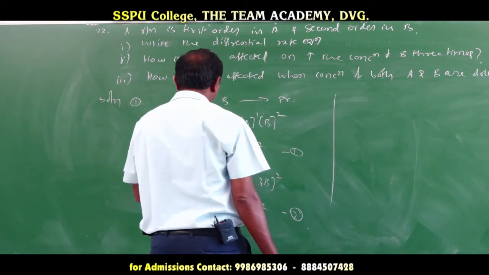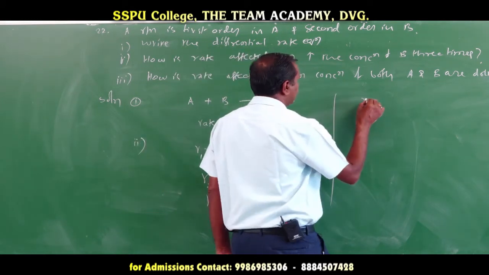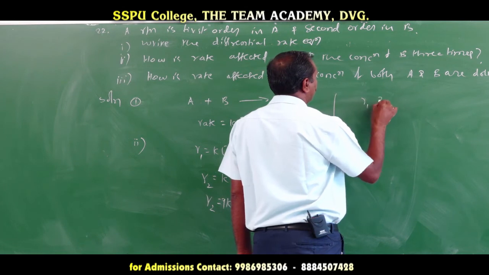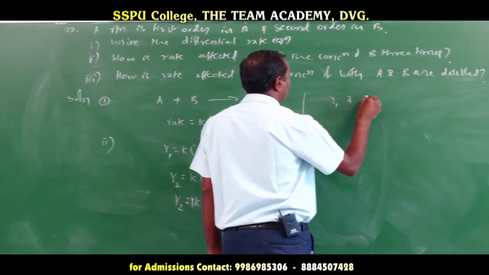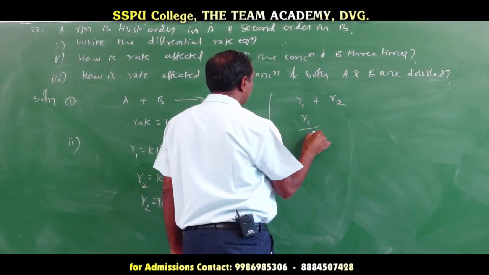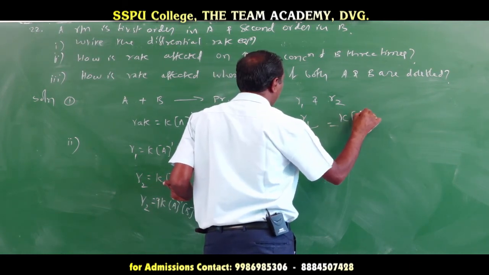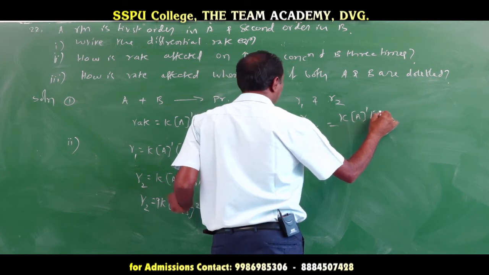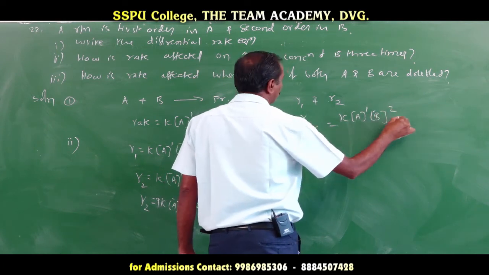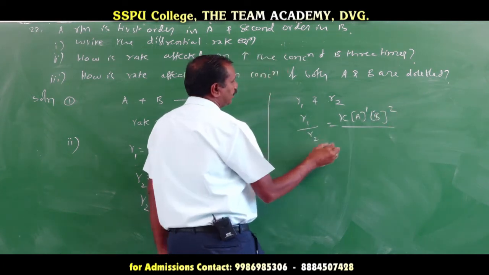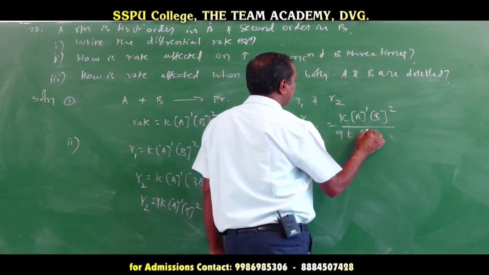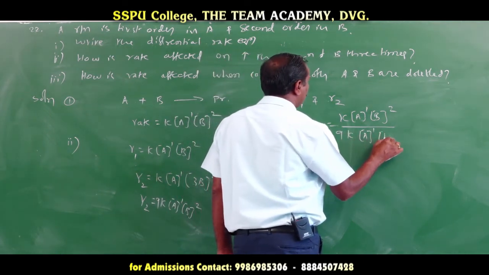So by comparing rate 1 and rate 2, R1 by R2 is equals to, R1 value is k into A to the power 1, B to the power of 2, divided by R2, 9k into A to the power 1, B to the power of 2.